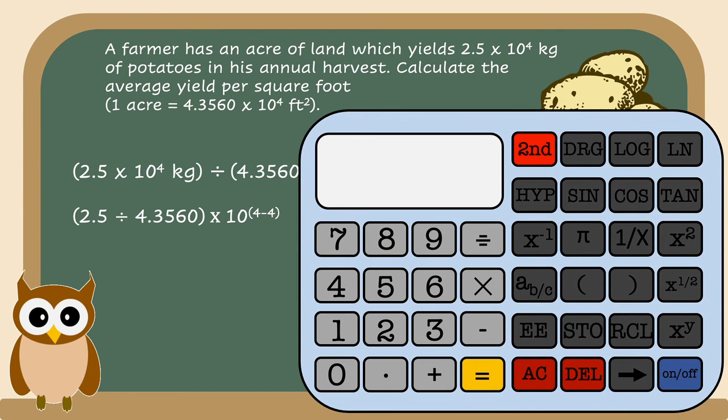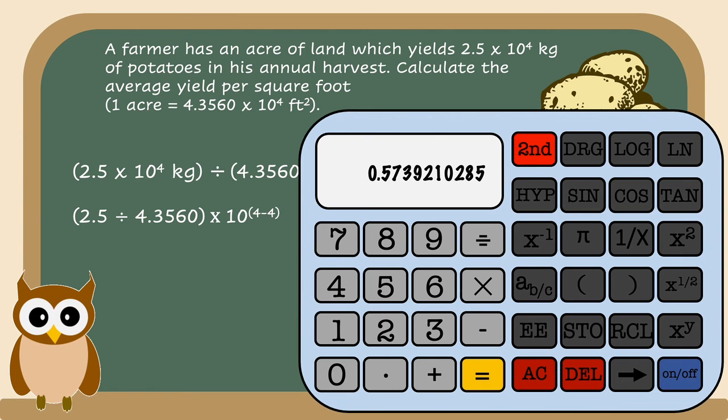Here we go. So 2.5 divided by 4.3560 equals 0.5739210285.